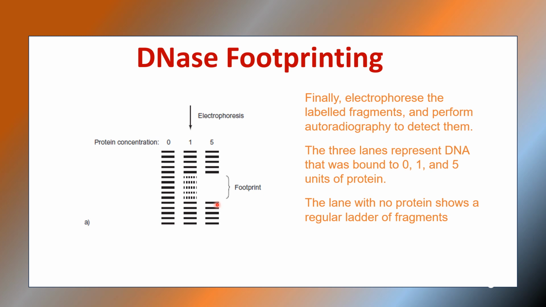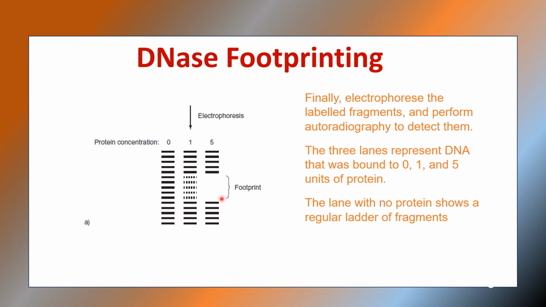Now, when you get to this point where you can clearly see that this region is protected, you can easily detect that this is the region where my protein is interacting with its target DNA. So this technique tells us about the interaction between the DNA and protein. These were two techniques which we have discussed so far.